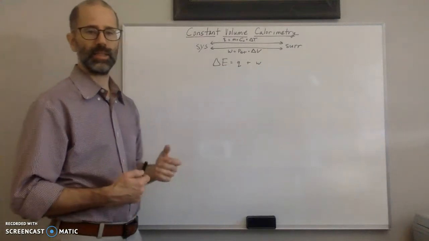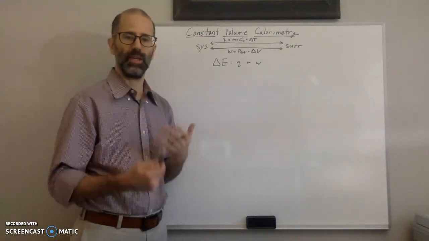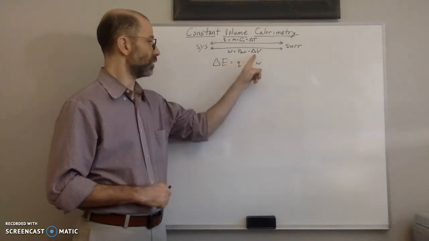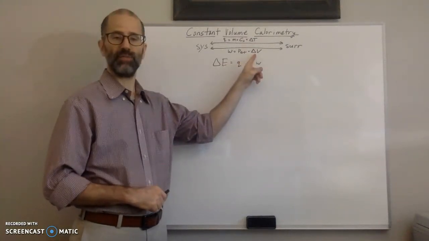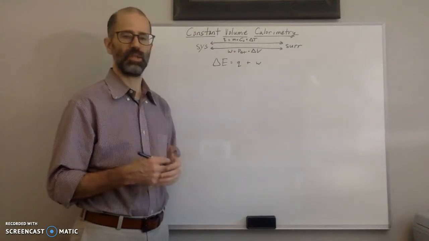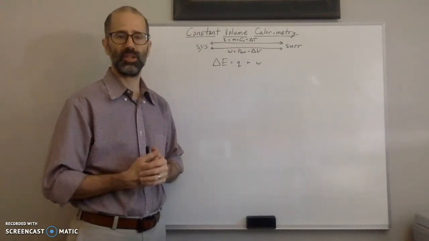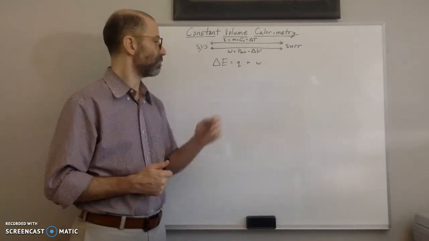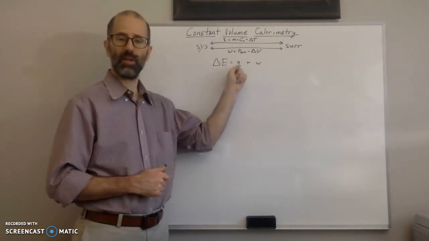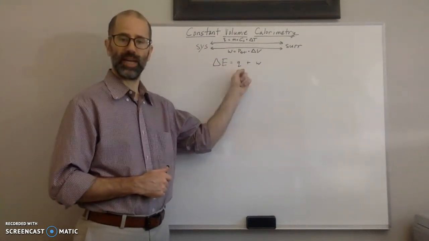Now, constant volume calorimetry simplifies the whole thing, because work depends on a change in volume. So if we could change the system or the surroundings in such a way that the work could be eliminated, then we could force the complete energy change into heat.